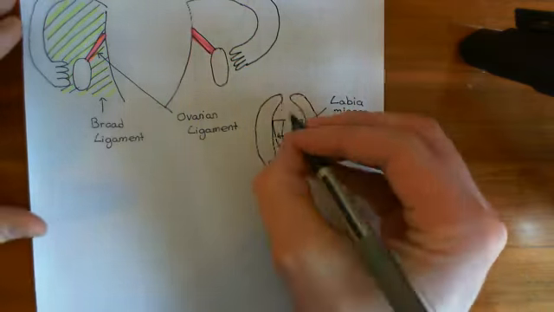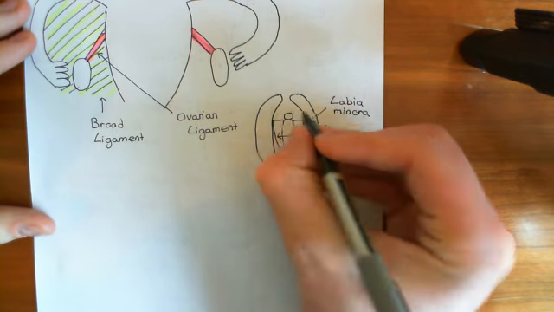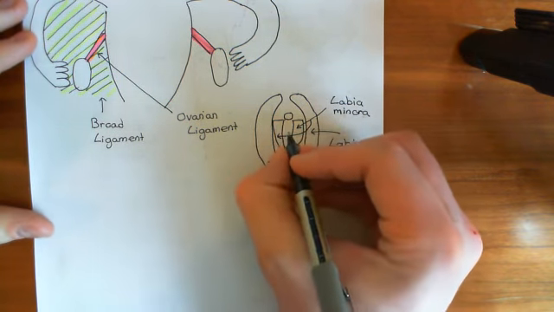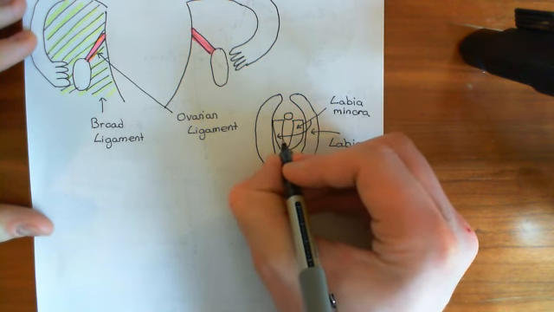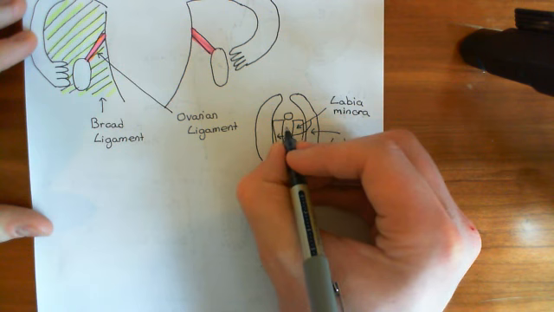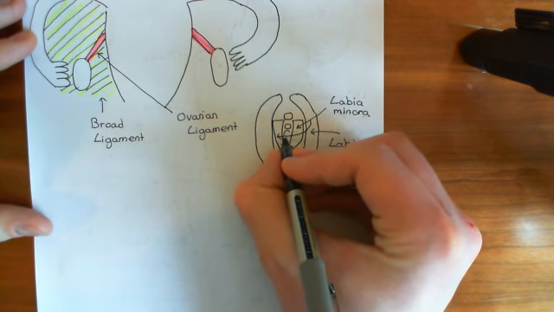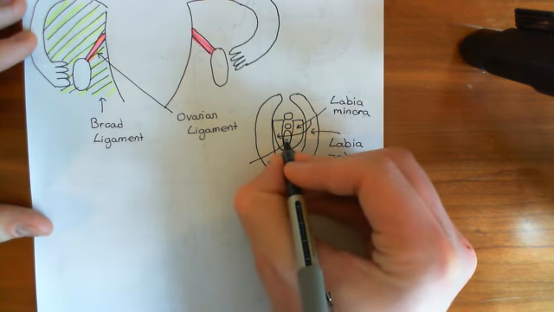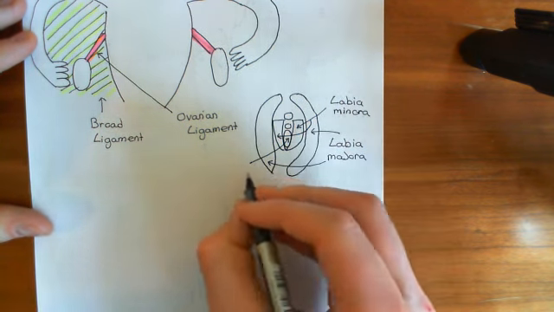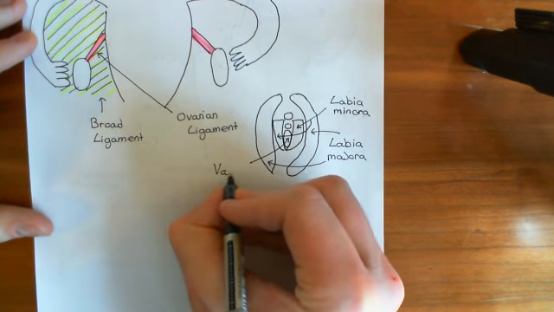Then at the top here you have the clitoris, and then inside of the labia minora you have a little chamber known as the vestibule, and it then has two tubes going off. It has the urinary meatus, and then it has the entrance to the vagina here. So this is the vaginal canal here, or the vaginal orifice.